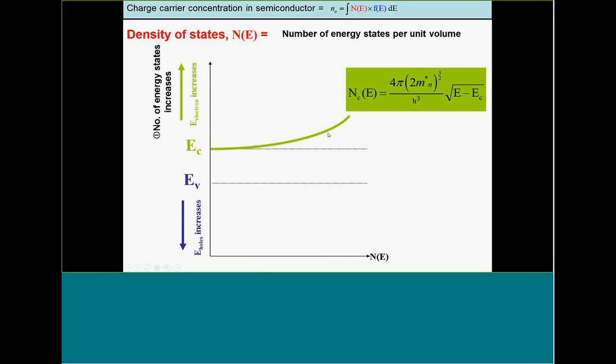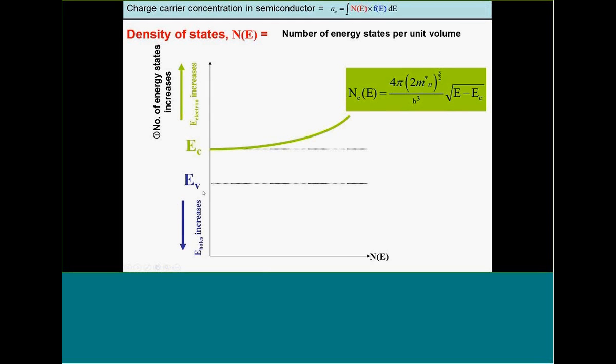It starts from a smaller number and then it increases. And for holes, it's the opposite of electrons, where the hole energy increases as we go down, towards the negative y-axis.